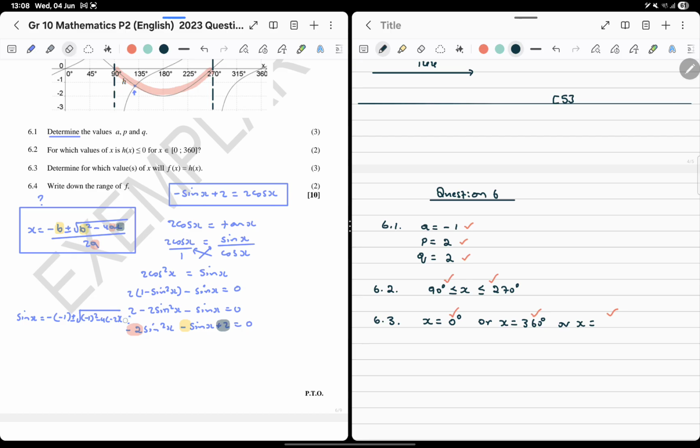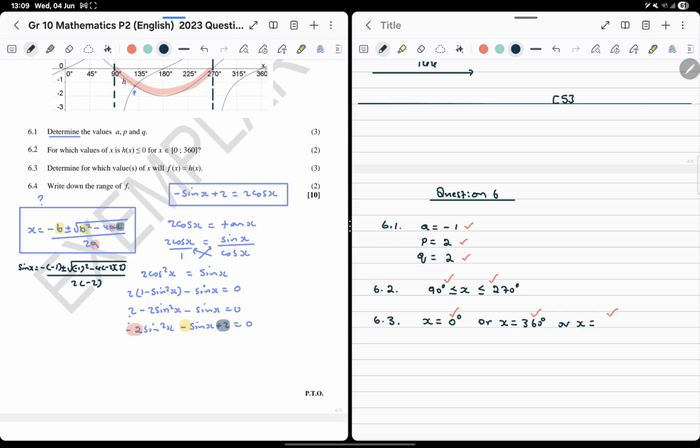Let's write differently. Sine x is going to be minus into minus 1 plus or minus the square root of minus 1 squared minus 4 into minus 2 into 2, all divided by 2 into minus 2.